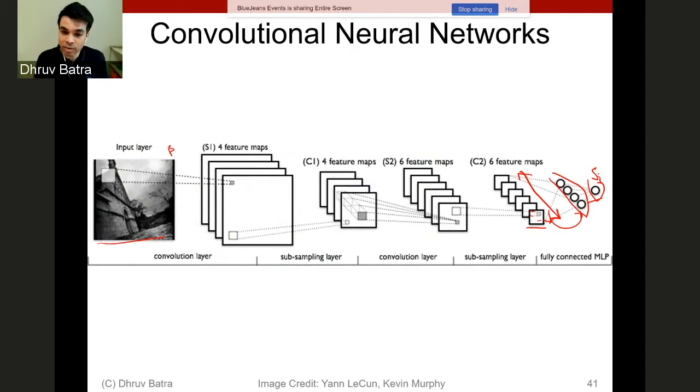If you, on the other hand, want to perform pixel to pixel type transformations, perhaps you want to go from RGB to depth, train a monocular depth estimator, or perhaps you want to train semantic segmentation, where you label every pixel with the category, for those types of architectures you want to retain spatial resolution. Your output ultimately has to be something that is the same size as the input.